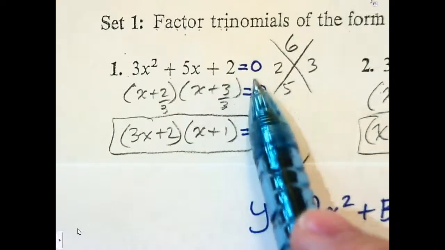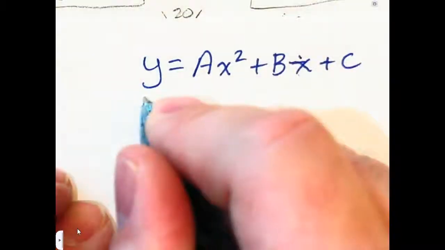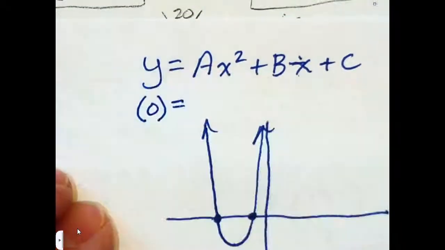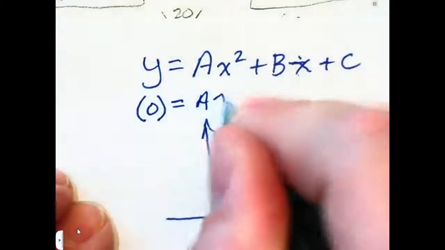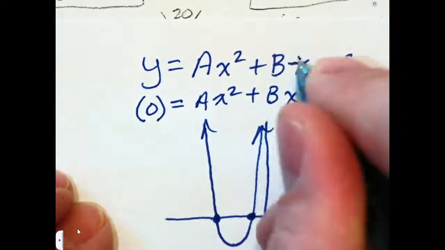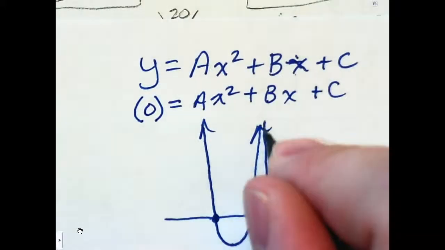Notice we don't have equals y, we have equals 0. So if I rewrote this and said, okay, I'm not going to make y, I'm going to say y equals 0. If you're looking at a graph and you're saying y equals 0, okay, that y equals 0, right? Tell me when.